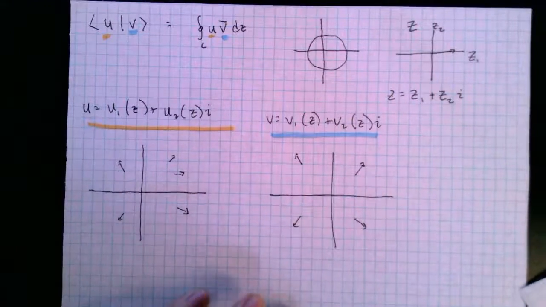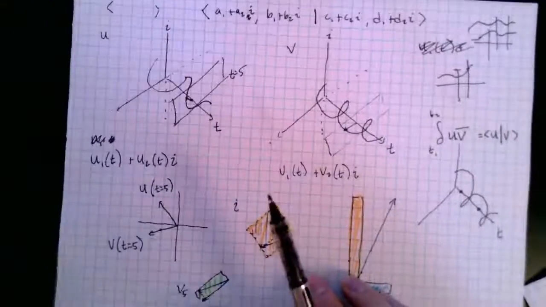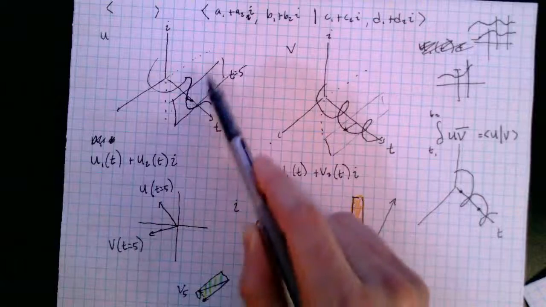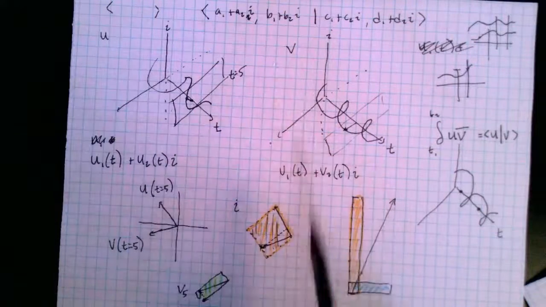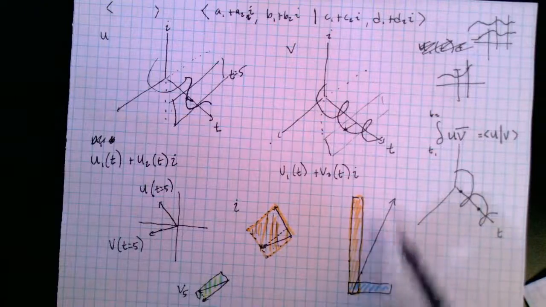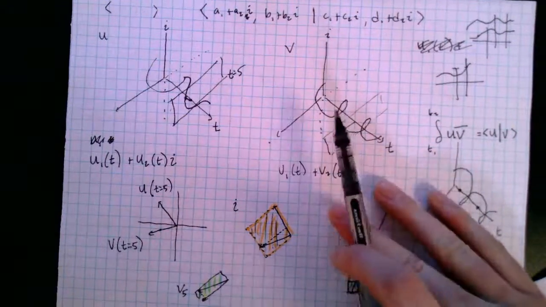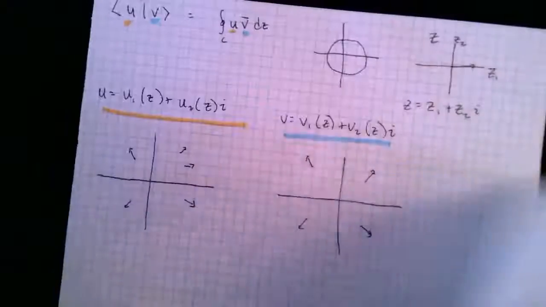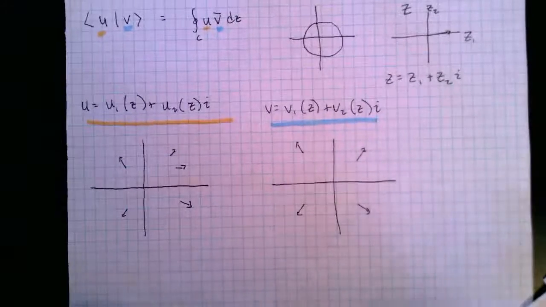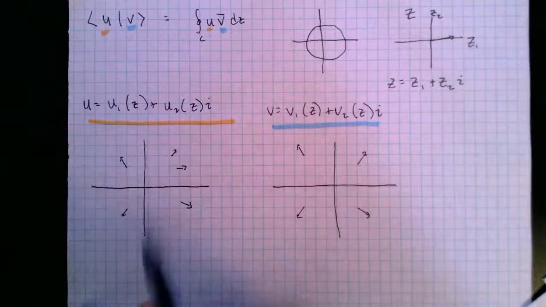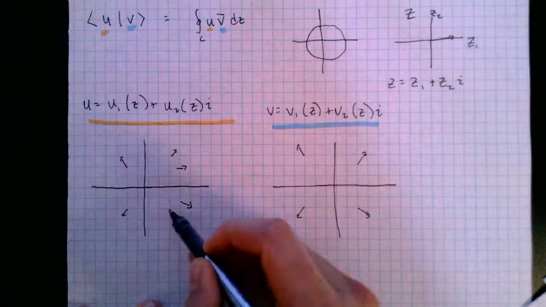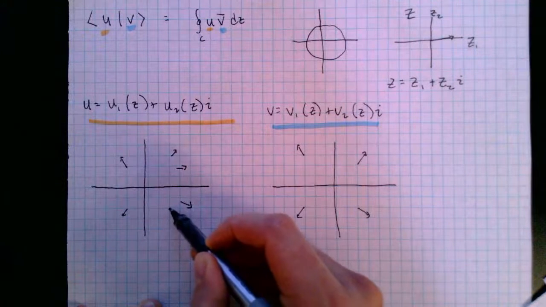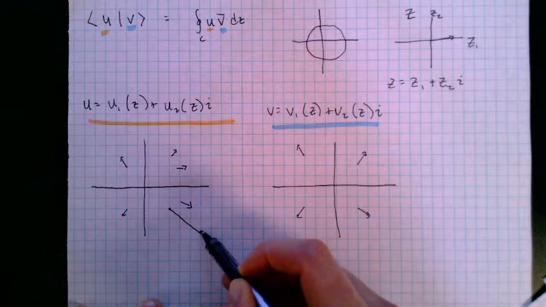And then remember here, what we were doing was we're taking a slice, and at each slice you're computing this u times v bar, and that was this. So you get one of these at each slice. But in this case, what we're doing is at each domain element, so at each point, right? So I'm going to draw a little bit bigger of a vector. So let's say at this point, your vector looks like this, right?